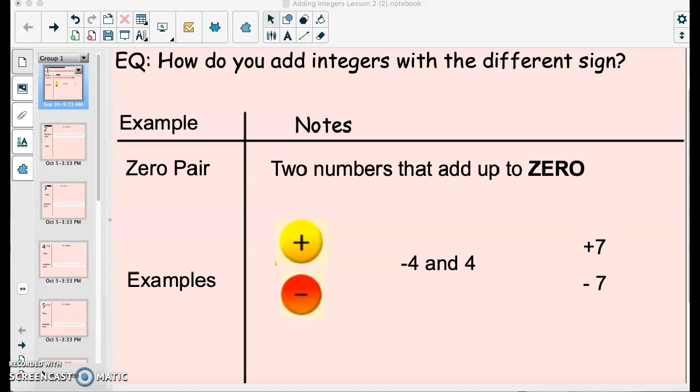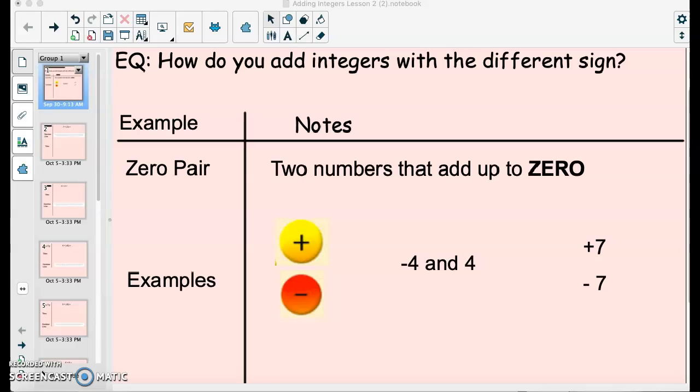So, how do you add integers with different signs? An example is a zero pair. The zero pair is two numbers that add up to zero: a positive and a negative. They always have to be the same number.